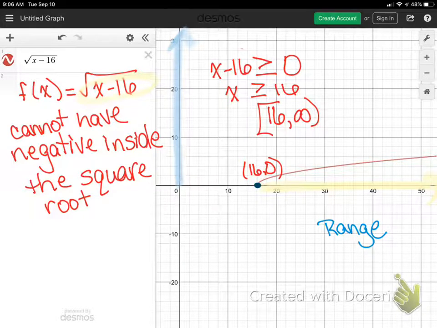So for my range, I'm going to look at that 0. That's where my range starts. So what do I have? 0 to infinity, because it keeps going. It keeps getting higher and higher and higher. There's nothing that's going to stop it.